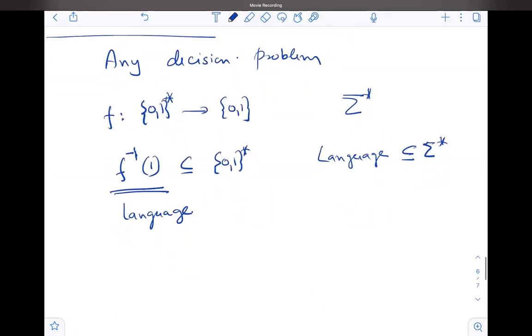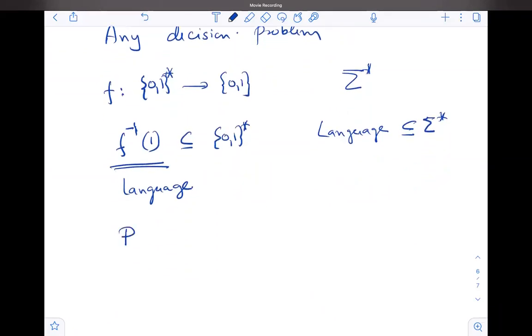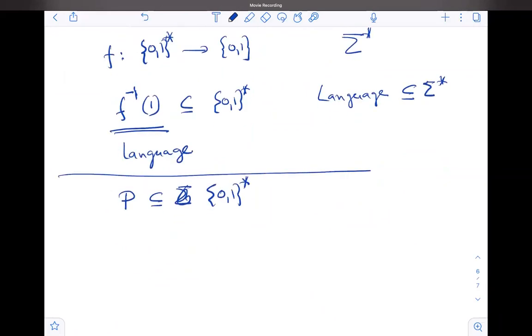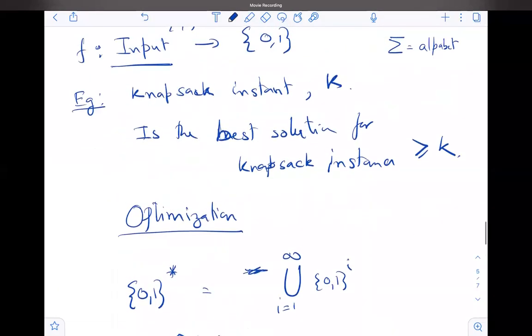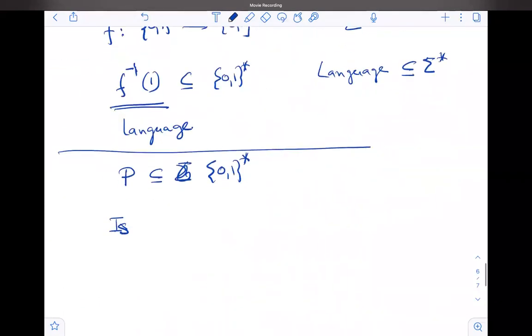So when I say that I have a problem P, that problem is a subset of 0, 1 to the star. And what is the question that we want? I'll give an instance. A particular instance, meaning I have to tell you an example. For example, in the knapsack case, I will tell you the size of the knapsack and the volumes and what is the K and all.